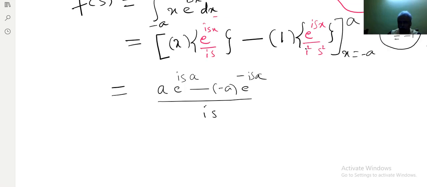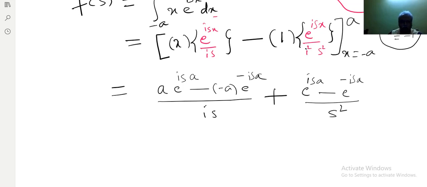So let us recall this and put minus 1 here. And if you put minus 1 here also, you are going to get i squared and minus 1 cancelling. Hence, let me write plus sign here. Once again, this minus sign and the minus sign of i squared, minus and minus become plus. So that when I substitute x equal to a, upper limit is into a, minus the lower limit x equal to minus a, e raised to minus isa, divided by i squared, which we have already consumed, divided by s squared, so that upper limit minus lower limit is over.